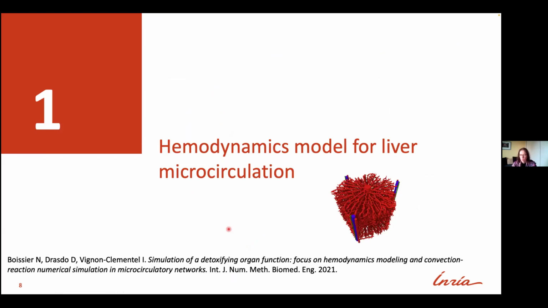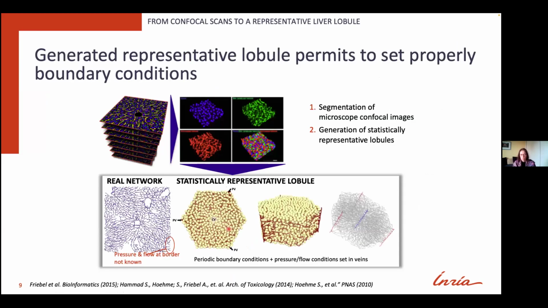where we've been studying hemodynamics models and transport. At that level, on the histological level, we start from the geometry, the network of the blood vessels. In fact, if we take a real network, it's really challenging to know which boundary conditions to put at the border of all these tiny vessels.